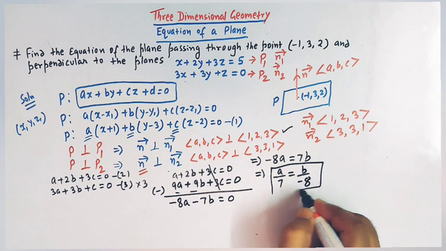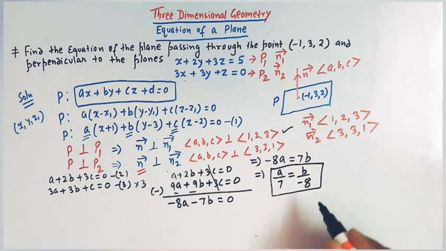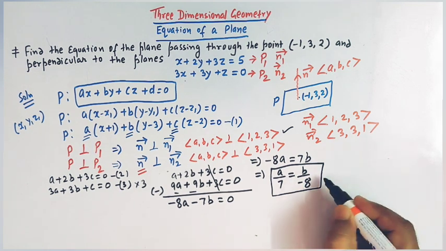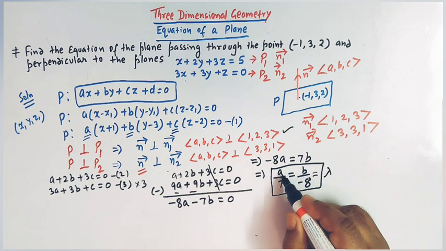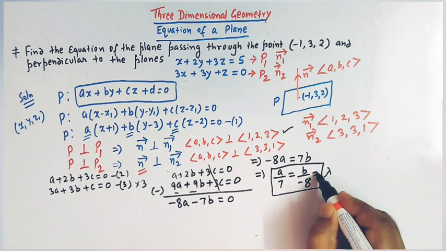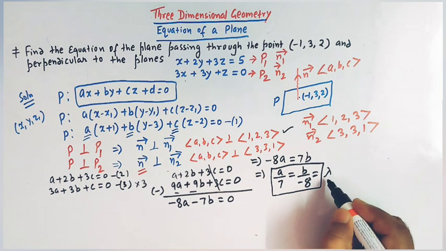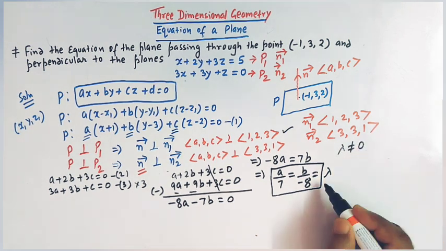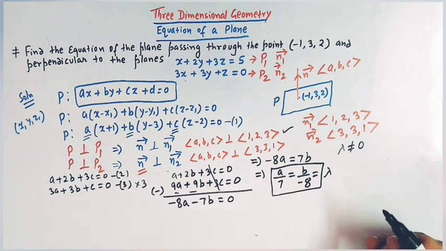So this is a very important step. So now here what we will do, we'll introduce a scalar, say lambda, right? So we'll write a over 7 is equal to b over minus 8 is equal to lambda, and the purpose of introducing this scalar lambda, which is not equal to 0, is to express a and b in terms of lambda, right?